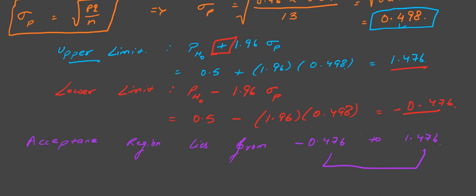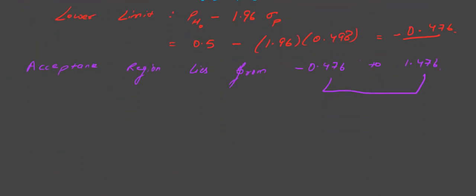You can see 0.46 is greater than minus 0.476 and also less than 1.476. Hence 0.46 lies within the acceptance region. Hence there is no difference between the two types of collections.